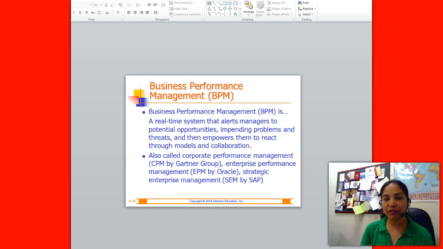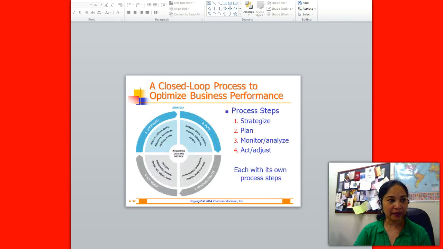The primary difference between BI and BPM is that BPM is always strategy driven. BPM encompasses a closed loop set of processes that link strategy to execution in order to optimize business performance. The key processes in BPM we will be talking about next.